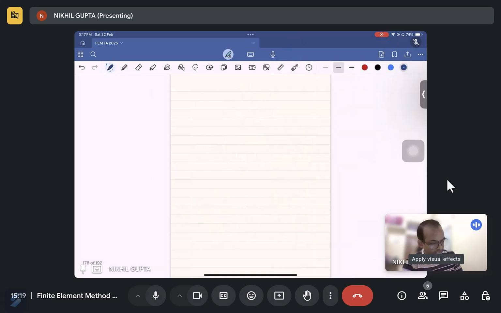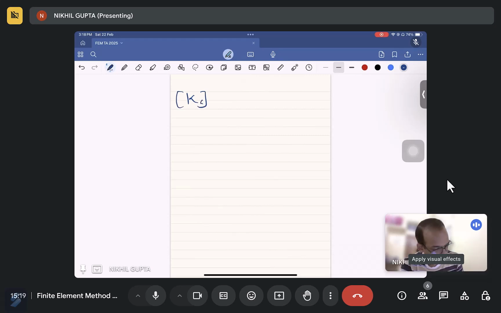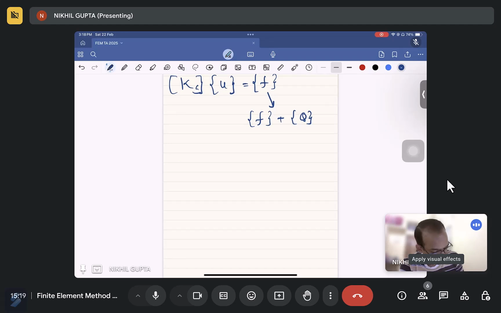So see, now what we have found out, we have the K matrix, which is global, and we have U and we have F. Now this F consists of the force vector plus the reaction vector. So if you find both, this F vector will be due to loading, and this will be the reaction.